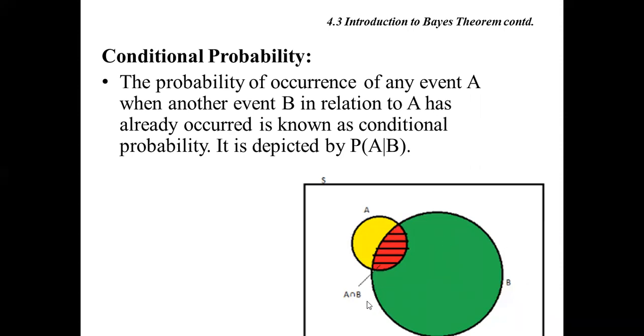Then conditional probability means how much A can occur because of B. That is given by this formula, the probability of A given B. I want to check how A will occur based on the condition of B.